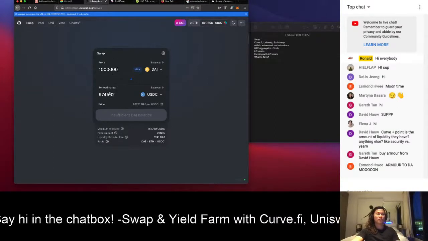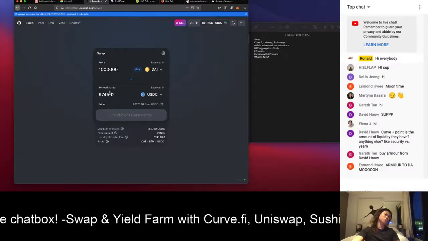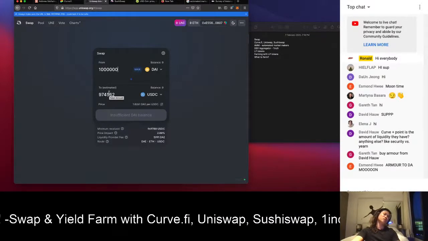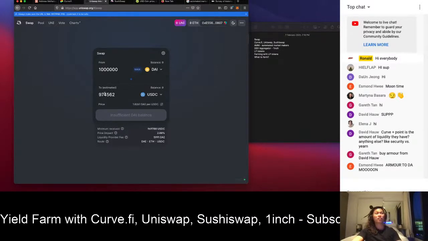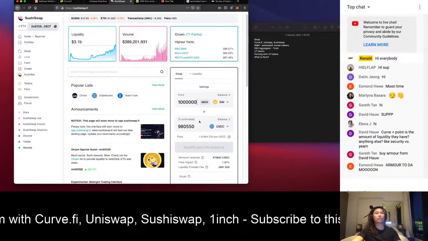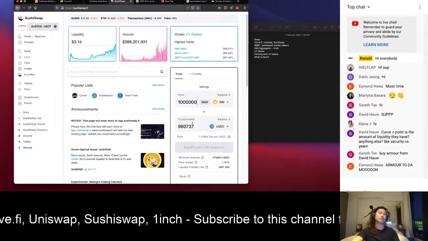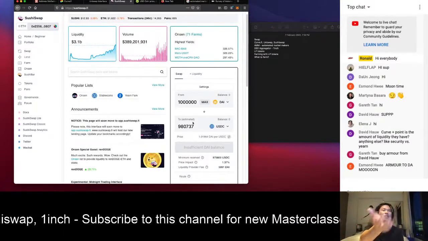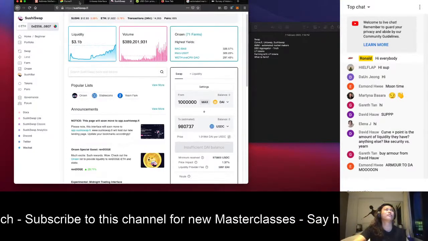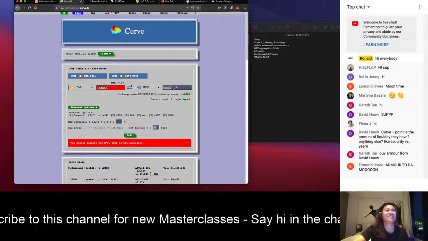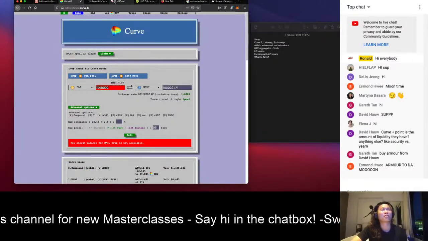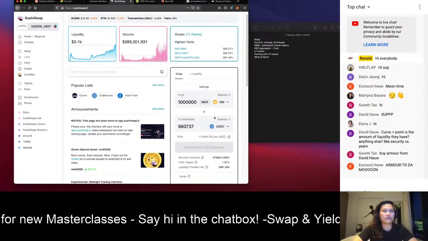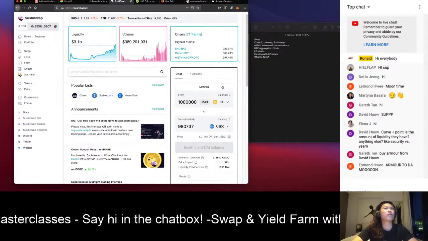And so here the price impact takes away like $25,000. That's your slippage, $25,000. You go to Uniswap, they take away like $20,000. So the protocol is going to save you $5,000, but of course you're going to end up in Curve, because Curve gives you way more. So this is one thing.